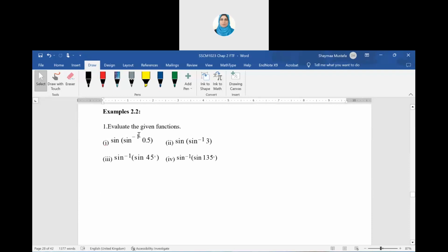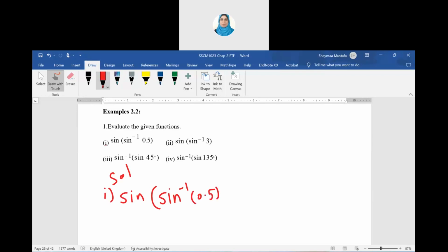First example, we need to evaluate sine of sine inverse 0.5. This is equal to what?